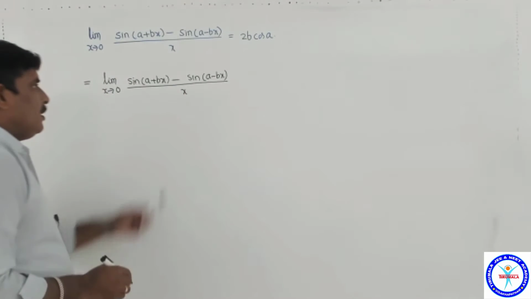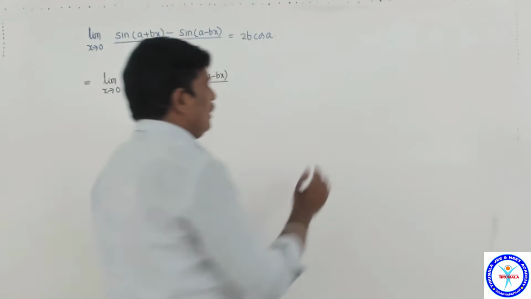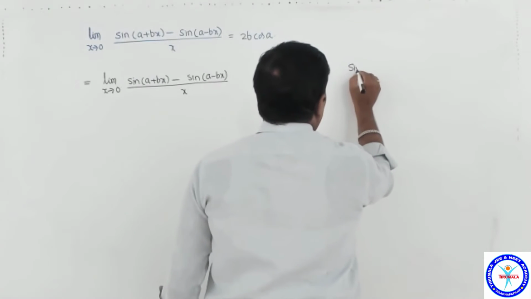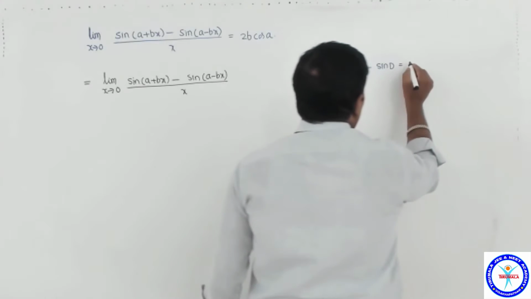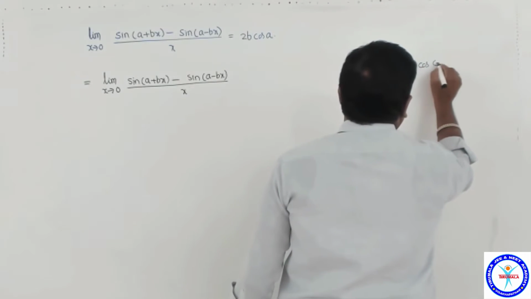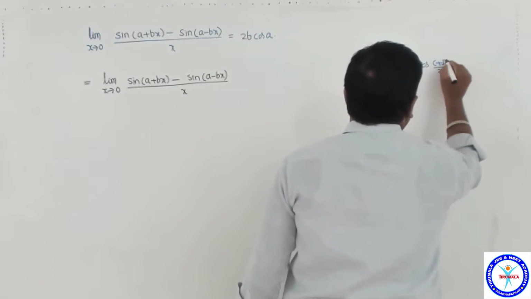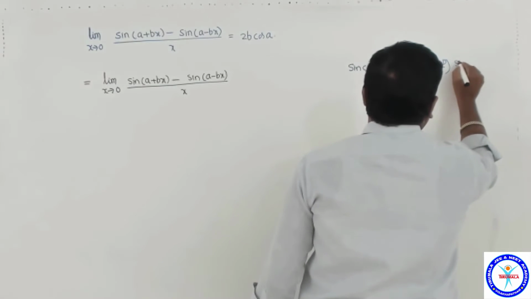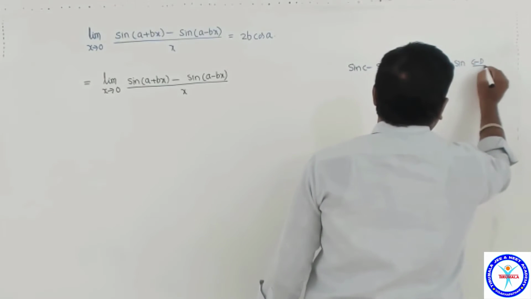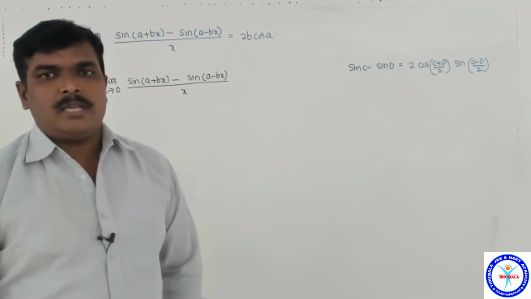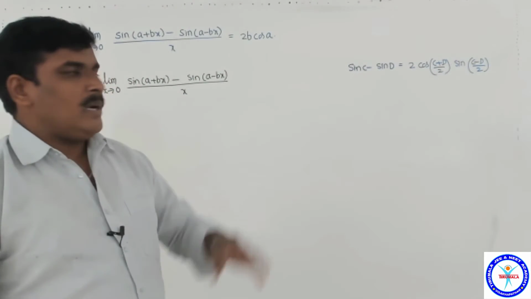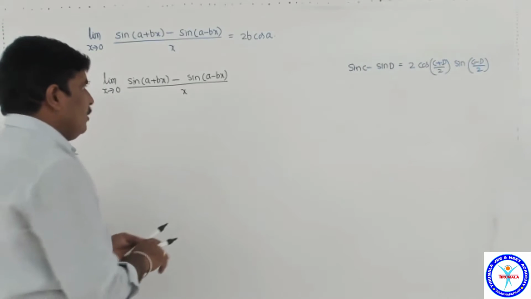Okay. So, what is the formula of sin c minus sin d? Sin c minus sin d equal to 2 cos((c plus d)/2) into sin((c minus d)/2).